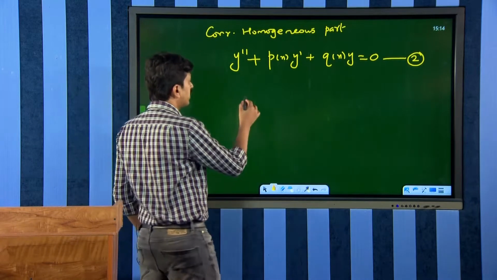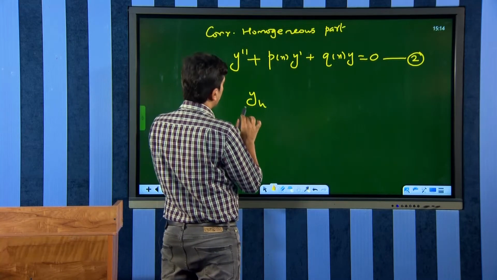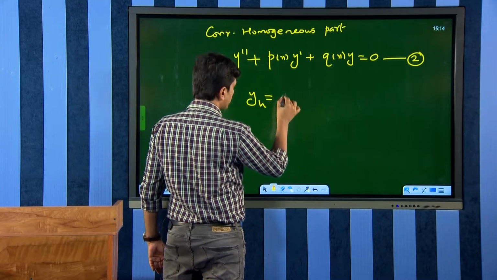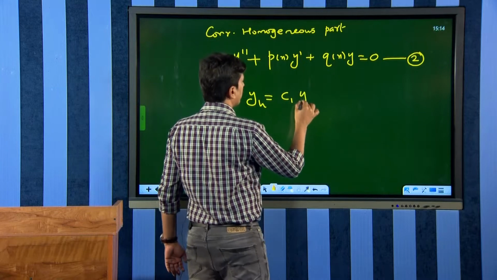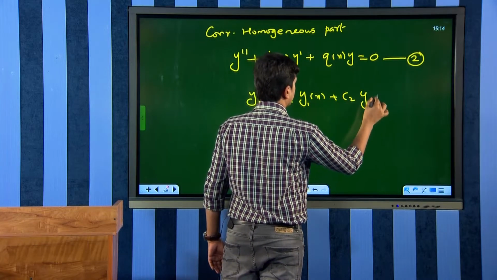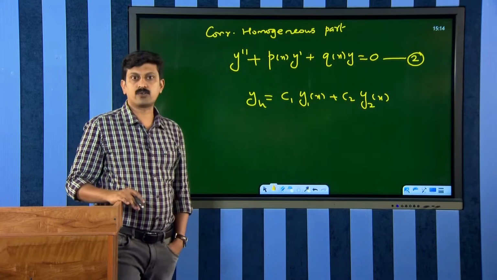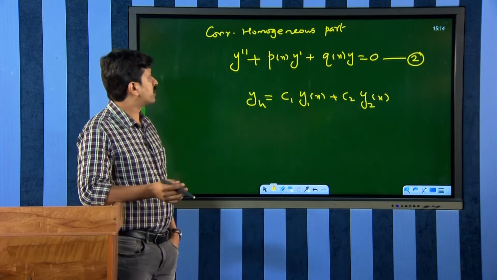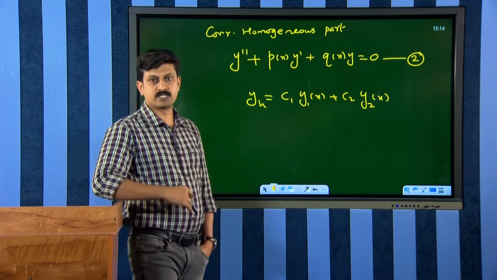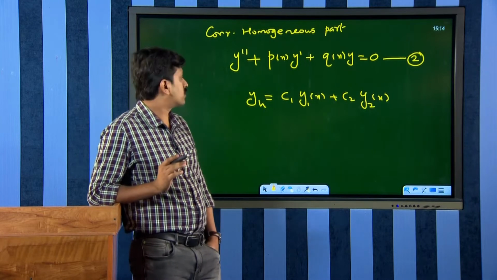So it will have yh = C1 y1(x) + C2 y2(x). Here y1(x) and y2(x) are the complementary solutions of the homogeneous part. y1 is one solution and y2 is another solution.